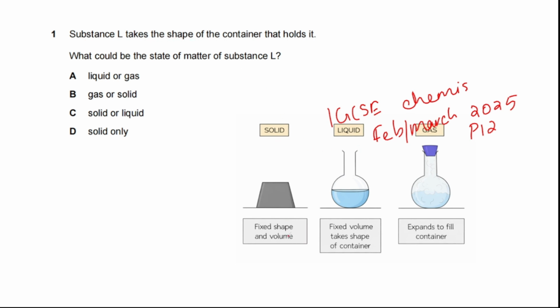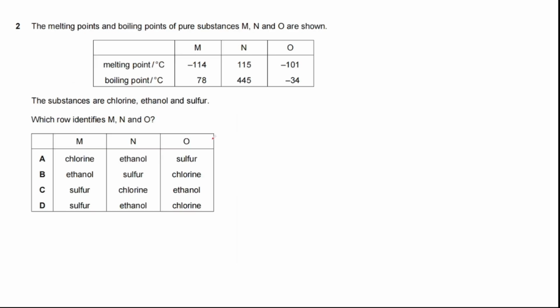A solid has a fixed shape, but liquid and gas don't have any fixed shape. The liquid will take the shape of the container, and the gas will fill up the container. So liquid and gas don't have a particular shape. That's why the correct option will be option A, liquid or gas.